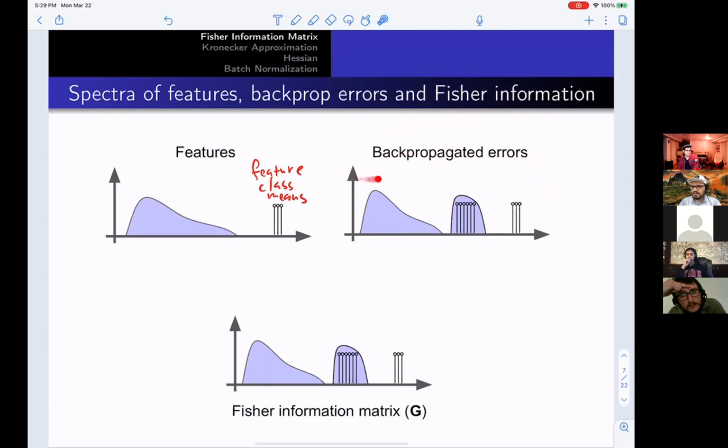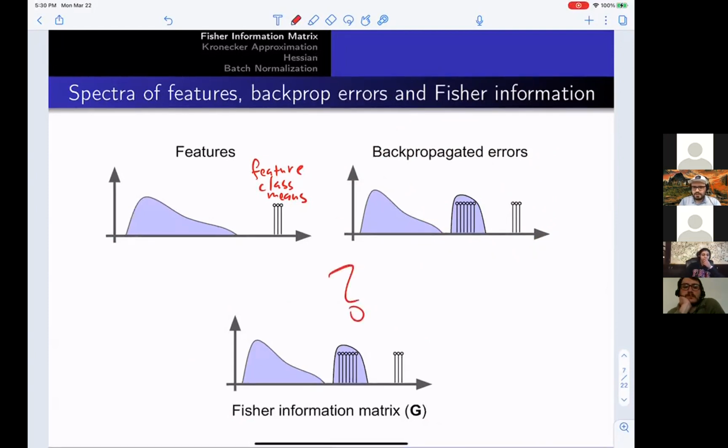The backpropagated errors had a more sophisticated structure where you had a set of outliers due to backpropagated error class means. You have cross-class means, which created this mini bulk, and you had a main bulk. And now we know that the Fisher information matrix has a similar structure. And the question is, how do we relate all of these quantities together?